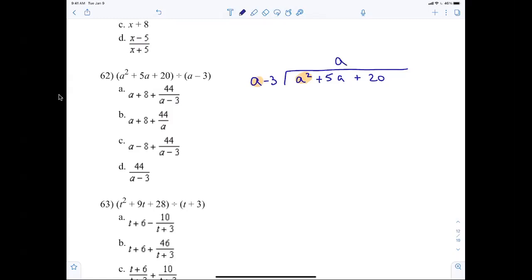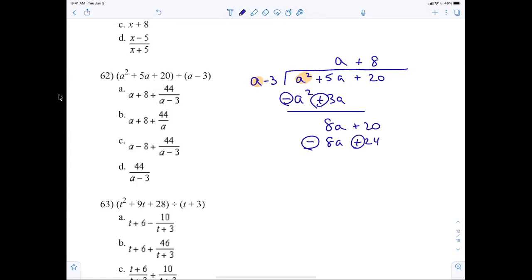Then you multiply a squared minus 3a, change the signs, 8a plus 20. So that's plus 8, right? So 8 times a minus 24. Change the signs. 44.